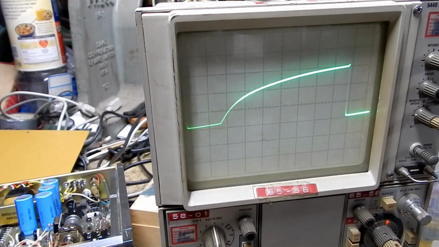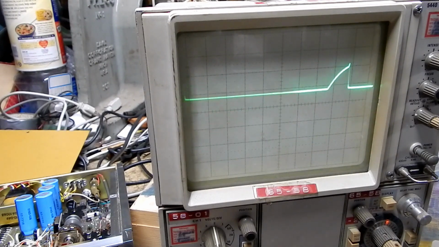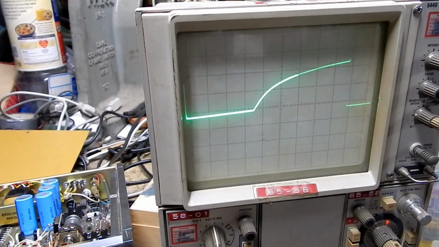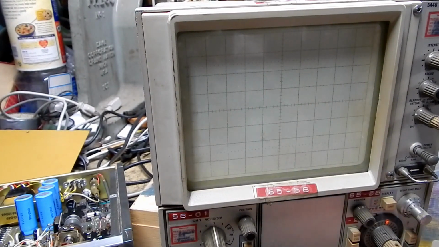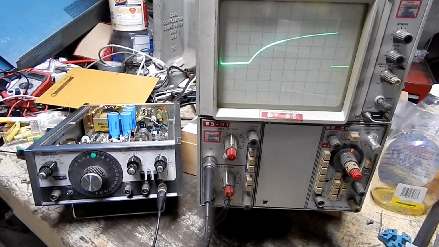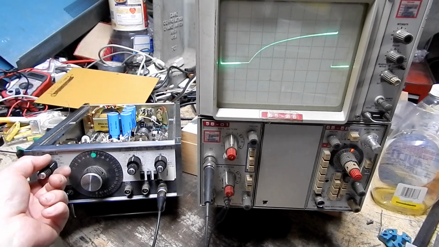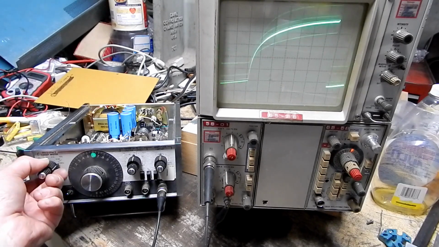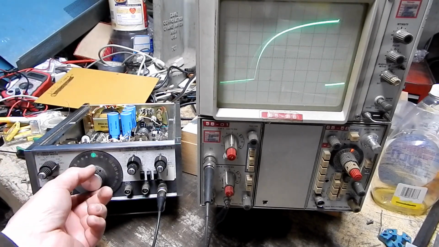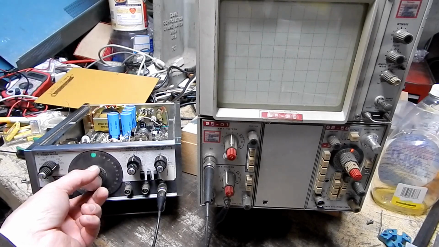There you go. That seems to be working okay. Try square wave. Maybe not. And again, maybe it's the trigger. Well, I don't know, guys. Like I said, I never really used a sweep generator before, so I'm not positive whether or not this is working okay or not. Seems to be doing something.